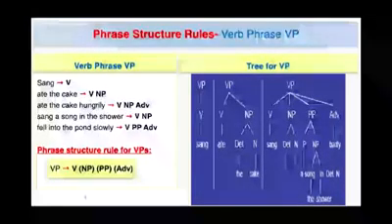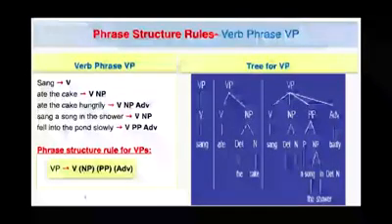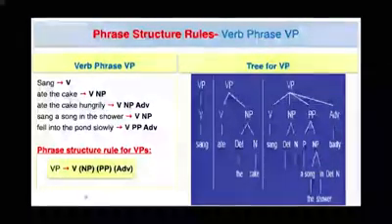Then we have sung a song in the shower. Here we have a verb, an NP, and a prepositional phrase. Then fell into the pond slowly. We have here the verb, the prepositional phrase, and the adverb.